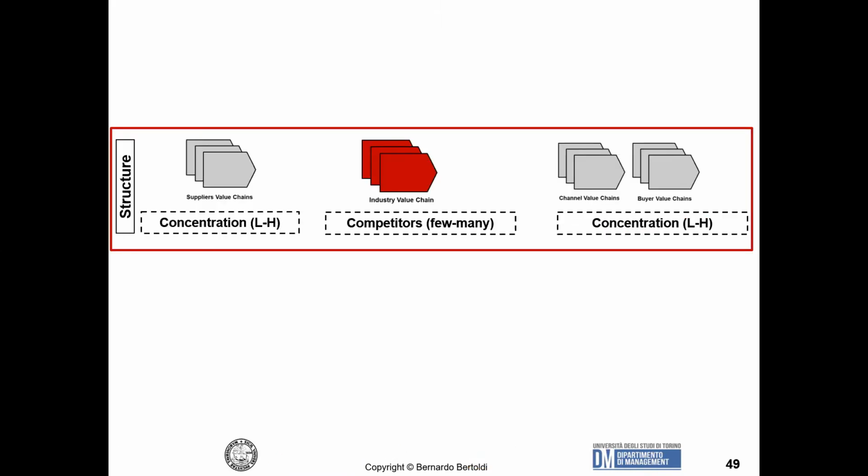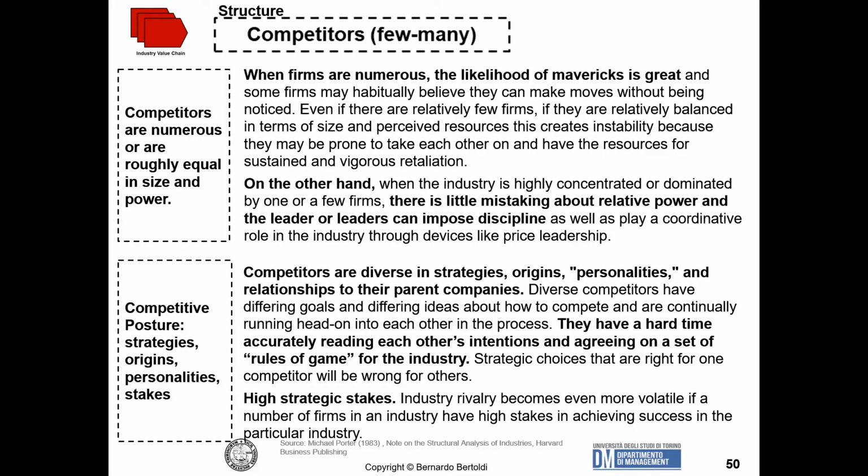So let's look at the first area, the structure: the structure of the value system, how competitors are competing within the industry, and how concentration in suppliers and customers is changing the balance of power within the value system. So, structure: are competitors few or many?